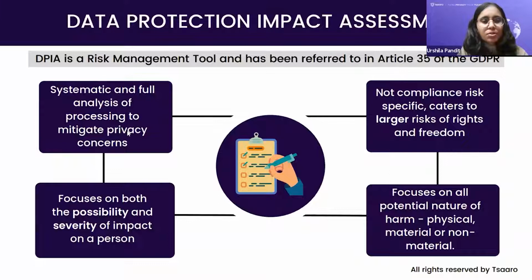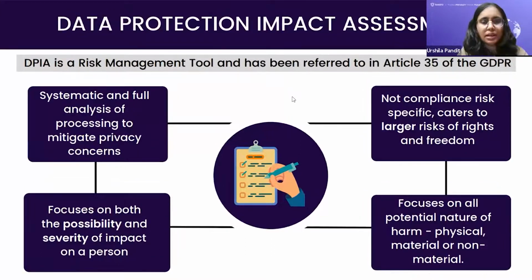In this case, we do a data protection impact assessment in order to understand the privacy risks that exist in the particular process. It's not a compliance risk specifically, but it caters to larger risks to the rights and freedoms of data subjects. That's the main purpose of doing a DPIA or a privacy impact assessment.